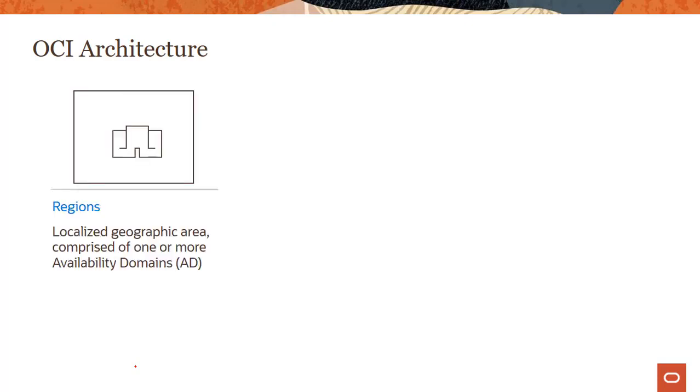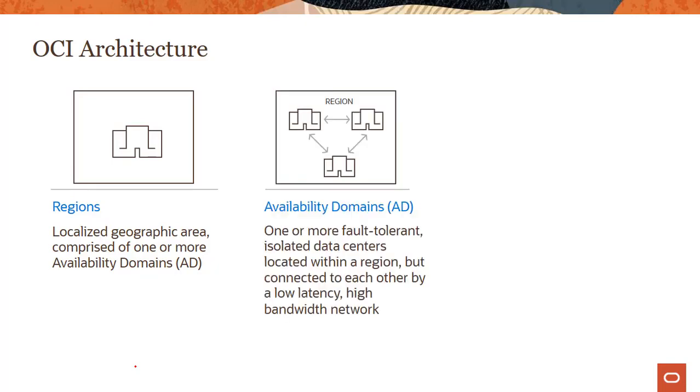Now let's zoom in on some of the details on the physical architecture of OCI. The first concept is, what is a region? A region is a localized geographic area comprised of one or more availability domains. So think of regions as a metropolitan area. Within a region, you have this concept of availability domains.